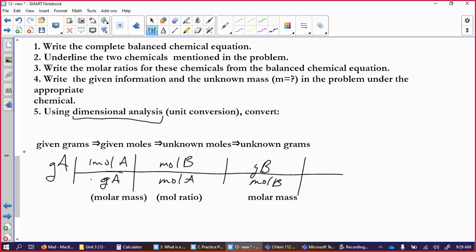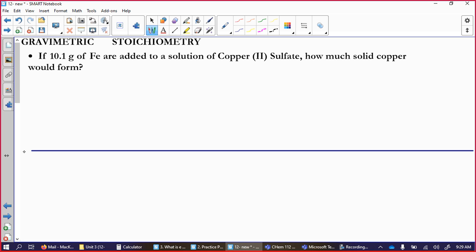So instead of rushing through, if you want to, I'll write the equation for this. Iron and copper 2 sulfate, oh, let's for fun call this iron 3 sulfate plus copper.